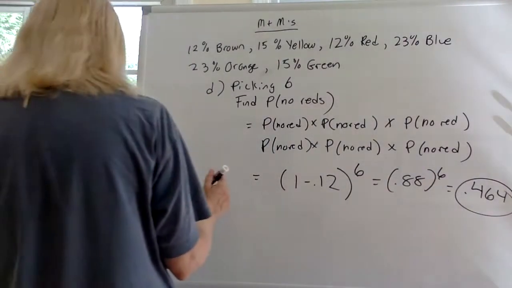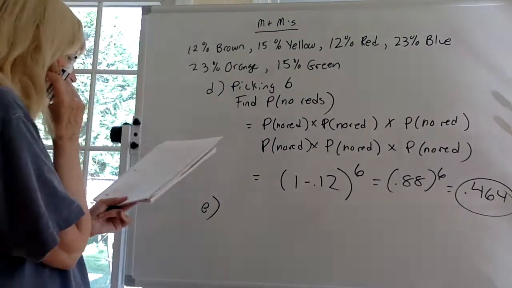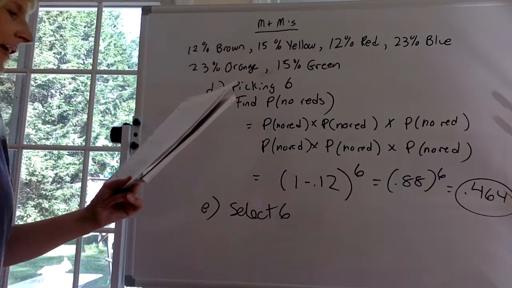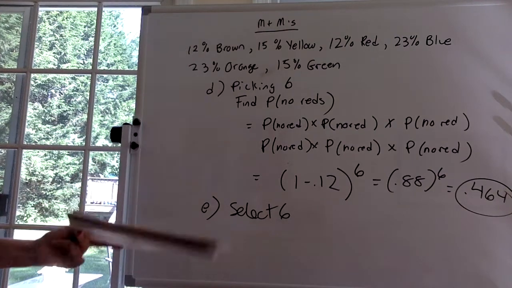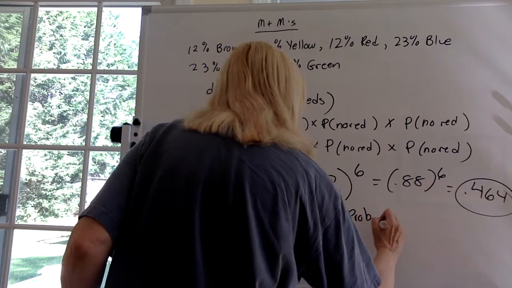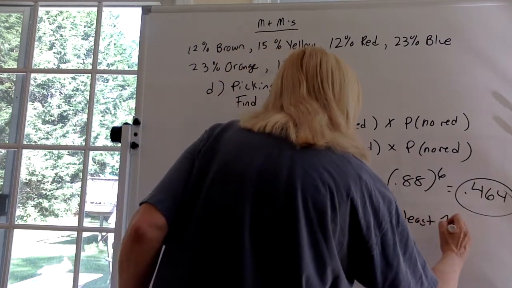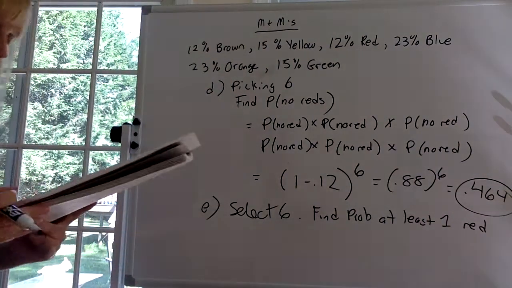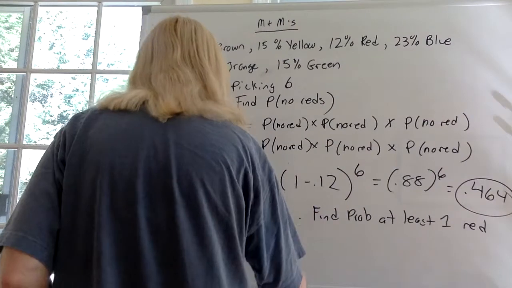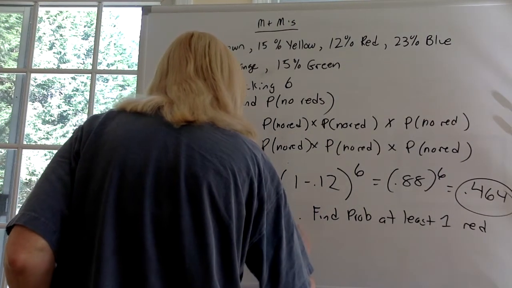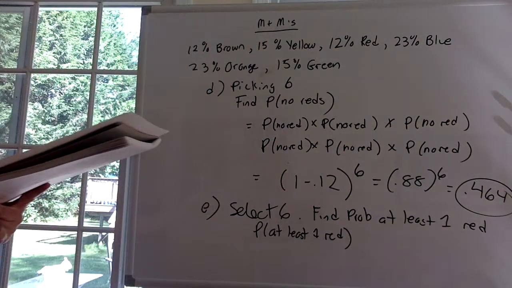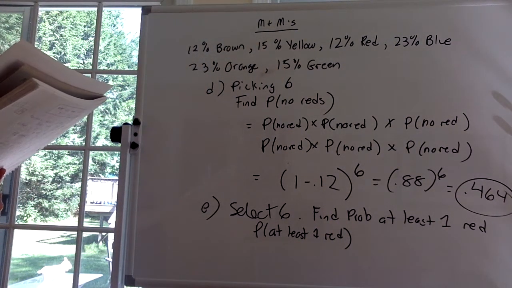Part E, let's see, they say selecting 6, select 6 again. Find the probability of at least 1 red. So we got to figure out the probability of at least 1 red.